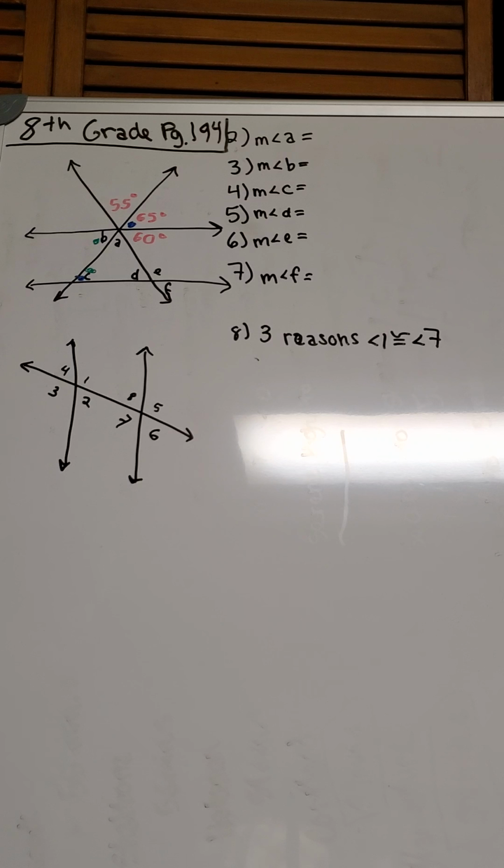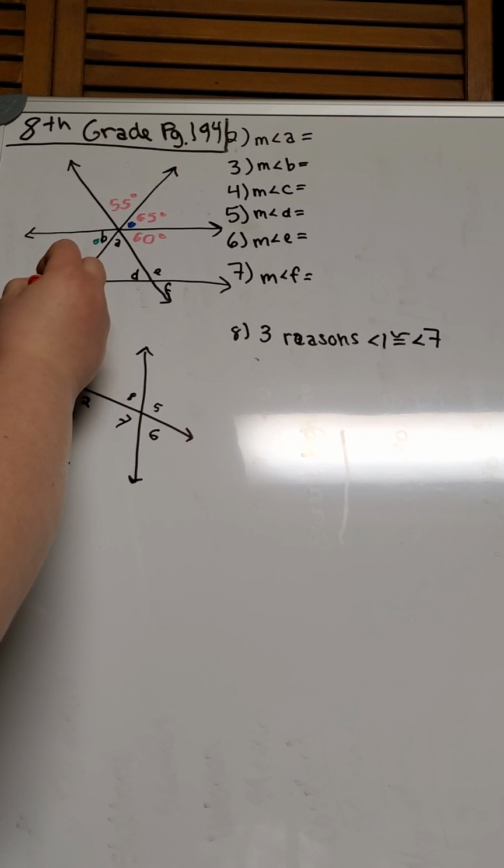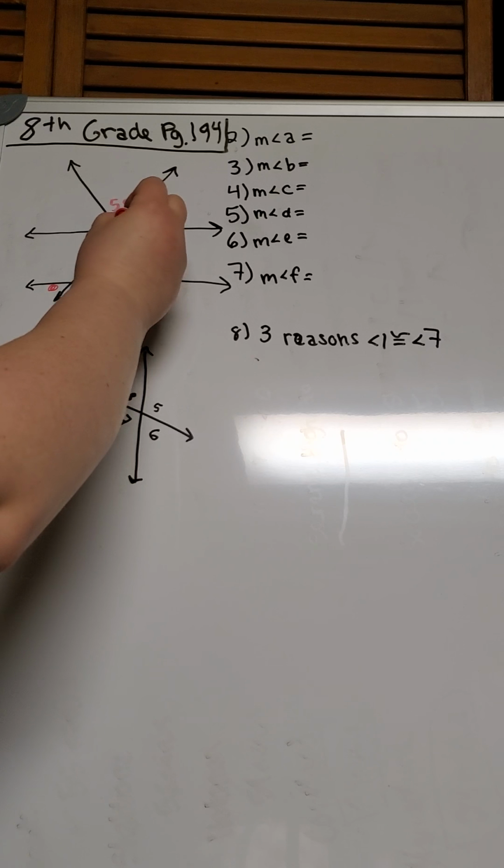The other types of angles you're going to see are alternate exterior angles. They're a very similar type of angle to alternate interior, on opposite sides of the transversal, but now they're on the outside of the two parallel lines. Again, if I ignore this other transversal, an example of alternate exterior angles would be this angle right here and this angle right here that I had in blue.